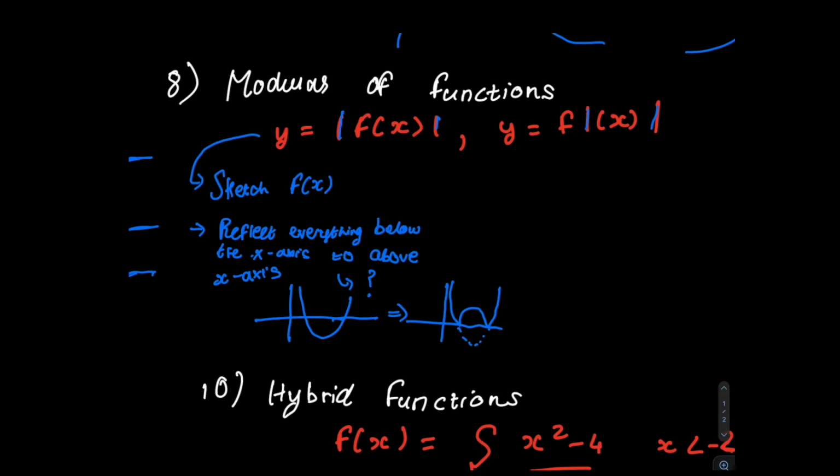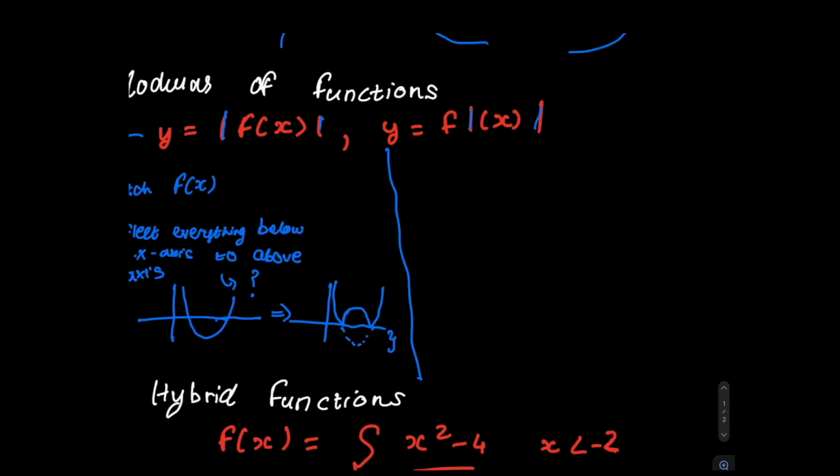Since y is equal to the modulus of f of x, it cannot cross the x-axis, and all the values which cross will be converted into positive values. That's why you have to reflect about the x-axis at that specific region only. If you understand how modulus functions work, they take the absolute value of any term, which means they remove the negative sign and only take the positive aspect of it. That's why we have to reflect over the x-axis.